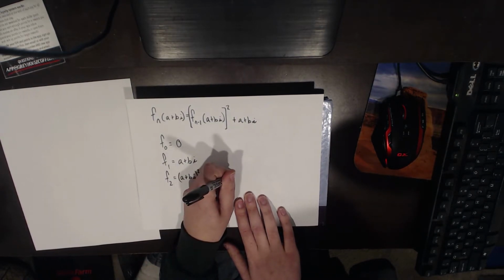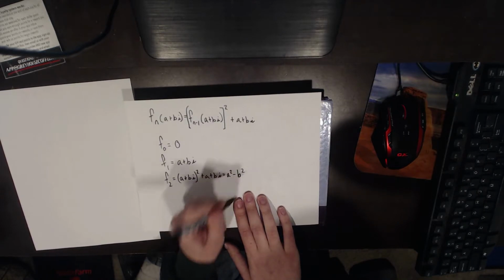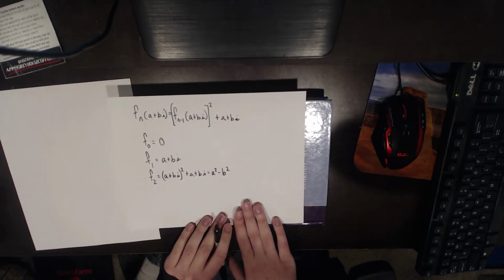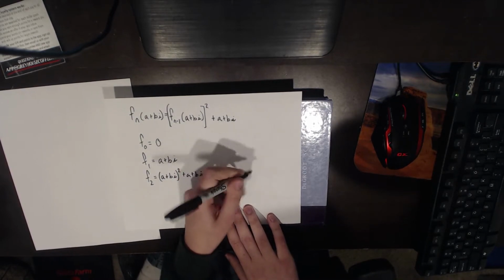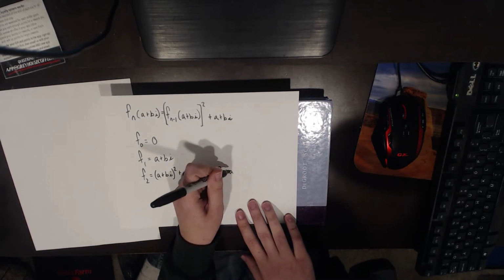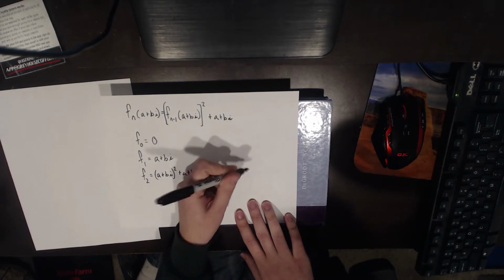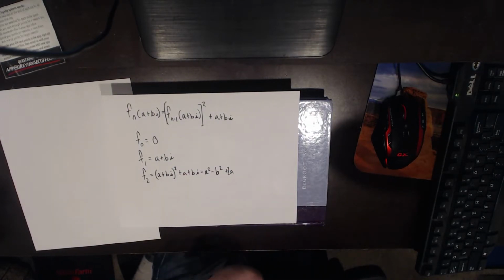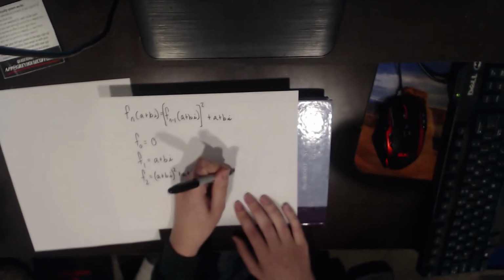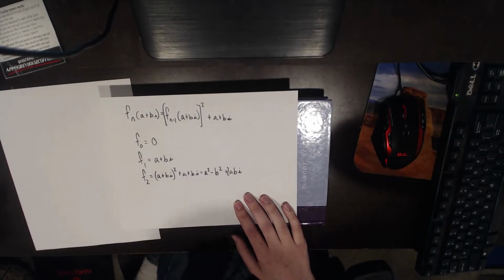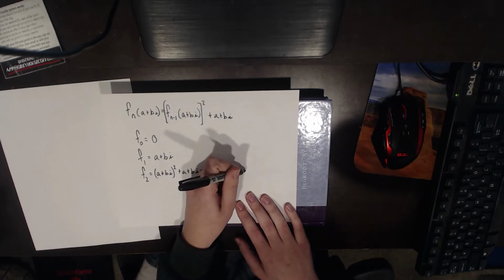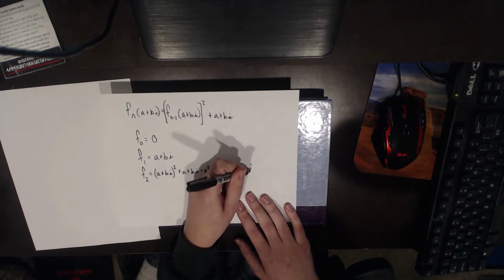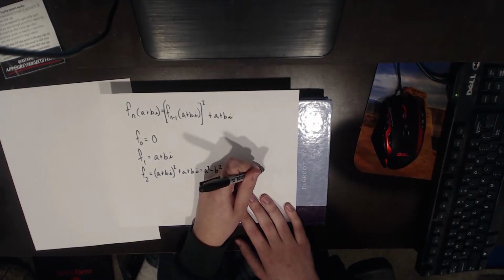So, working through this, we have a squared minus b squared plus 2abi, and then plus the complex point that we are looking at, a plus bi.